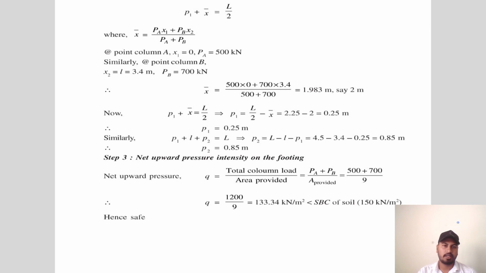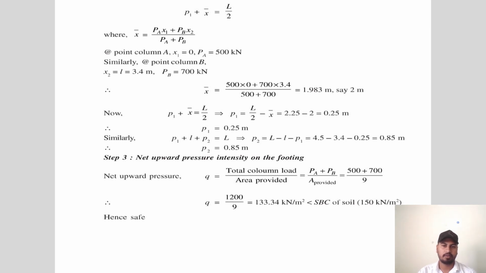From the formula, at column A, x is equal to 0 and PA is 500 kilonewton. Similarly, at column B, x2 will be L, which is equal to 3.4 meter, and PB is equal to 700 kilonewton.